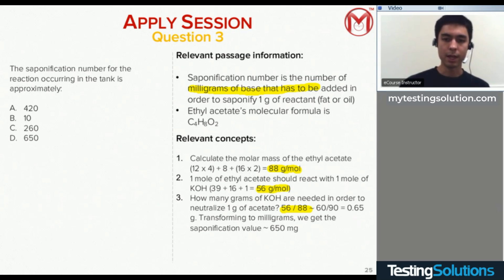In this case, I actually need less potassium hydroxide to react 1 mole of ethyl acetate, and the amount less is given by this ratio of the molecular weights. So divide the two, I get 0.65. That's the actual amount of the potassium hydroxide that I need.